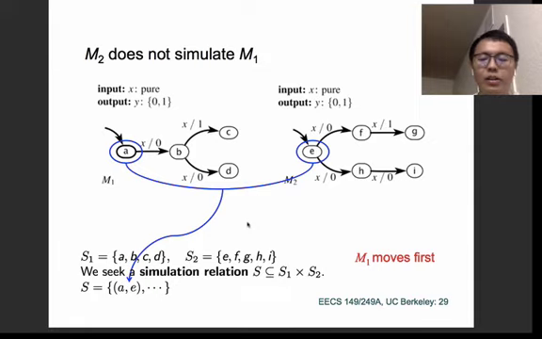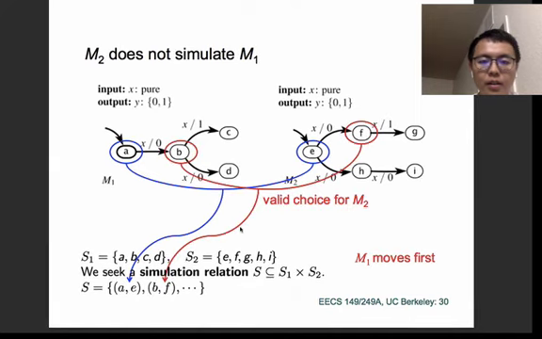And now let's see the second move. M1 moves to B, and M2 has two possibilities. Let's assume that it will move to F.